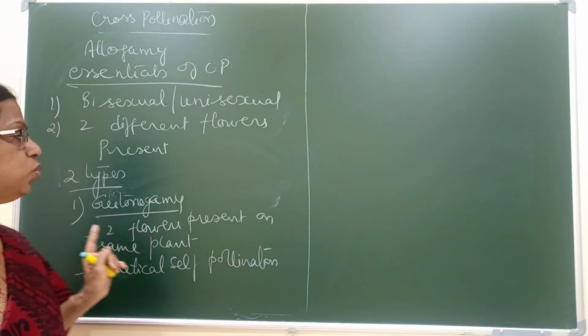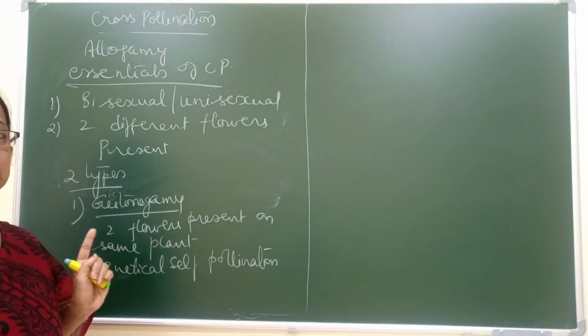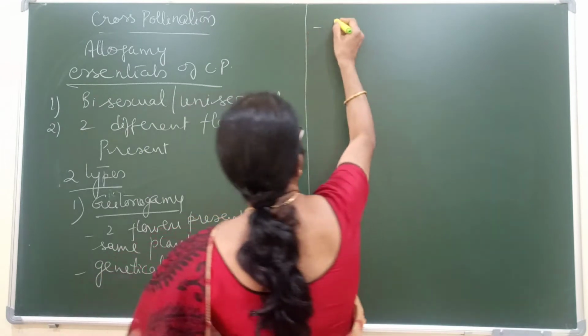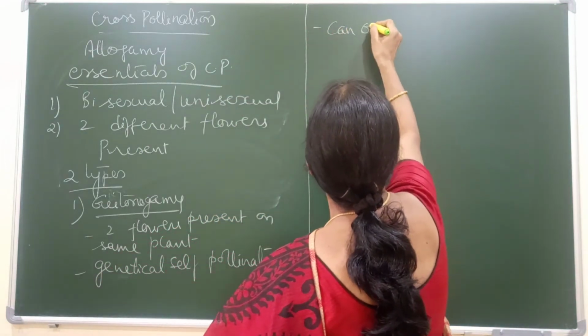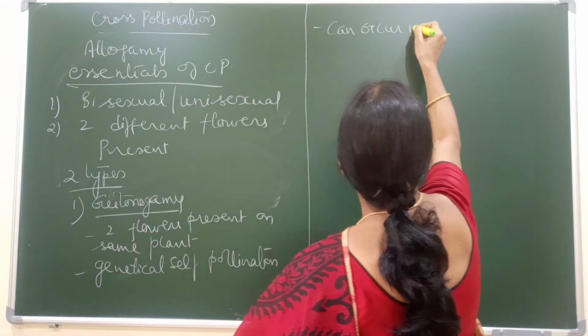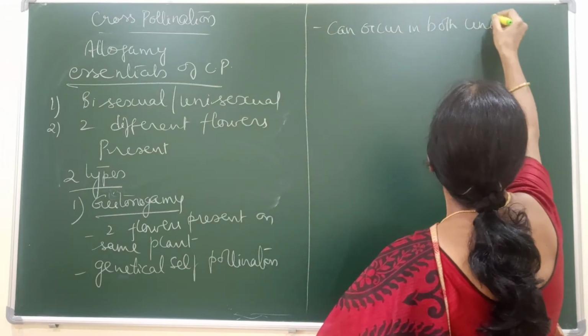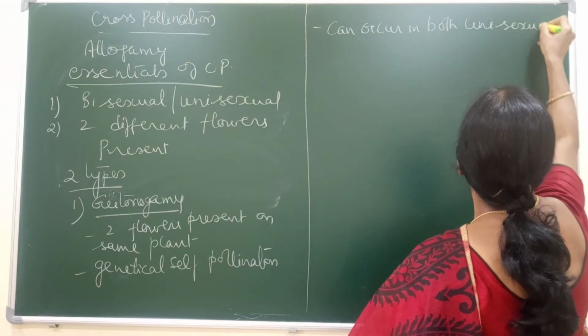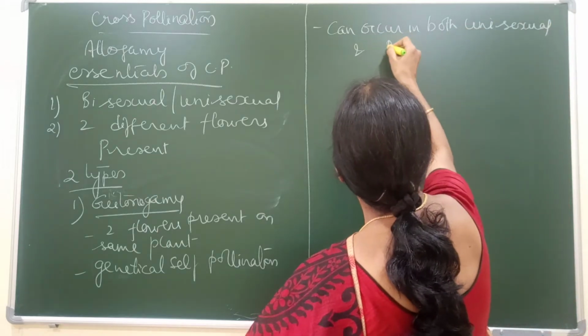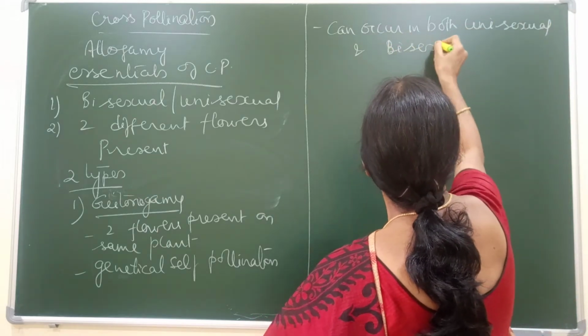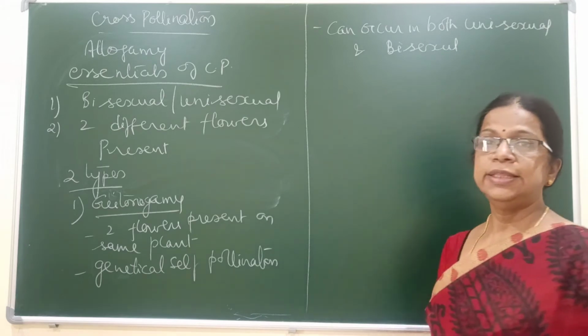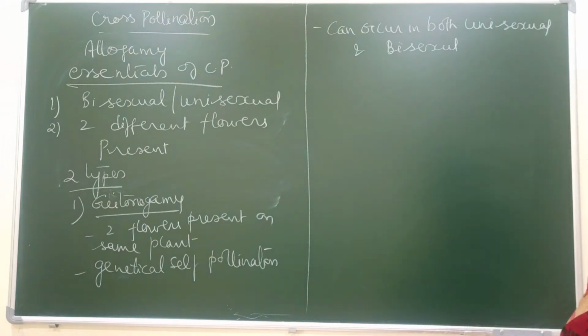Geitonogamy can occur in both unisexual as well as bisexual flowers.